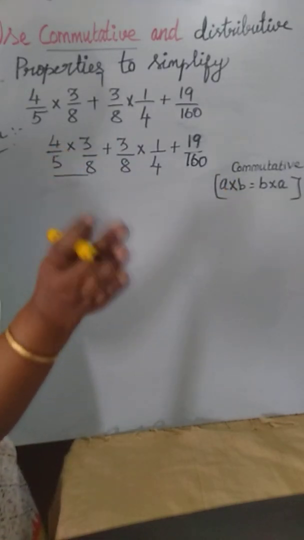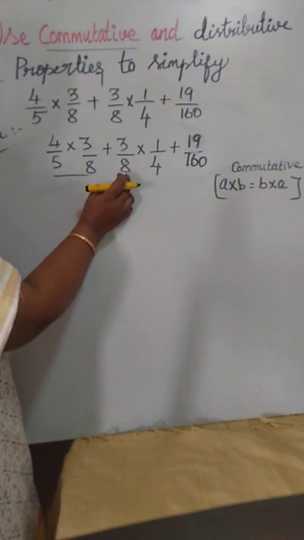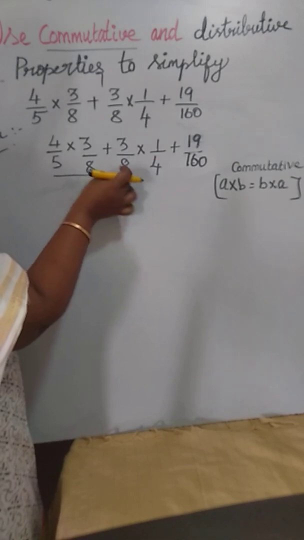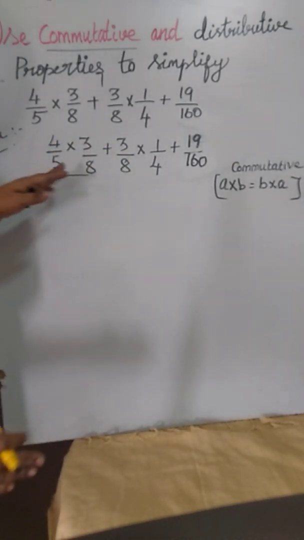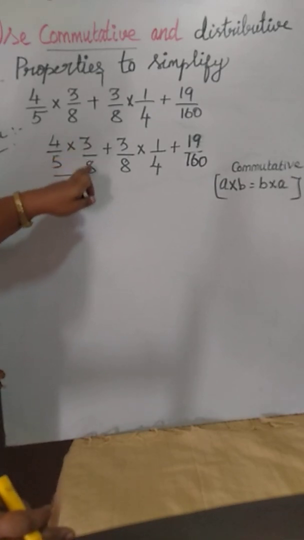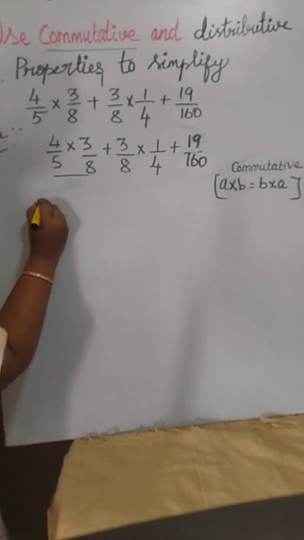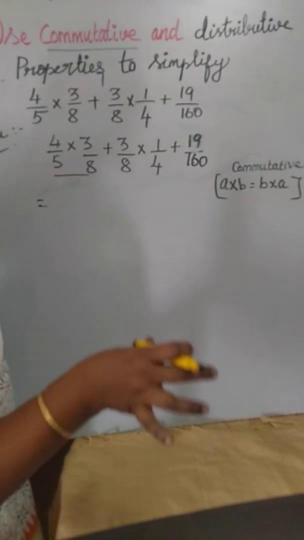So, why do we apply the commutative property here? Because in this term 3 by 8 comes in the second place, and we have to bring 3 by 8 to the first place. Students, listen. Here I am going to apply the commutative property.